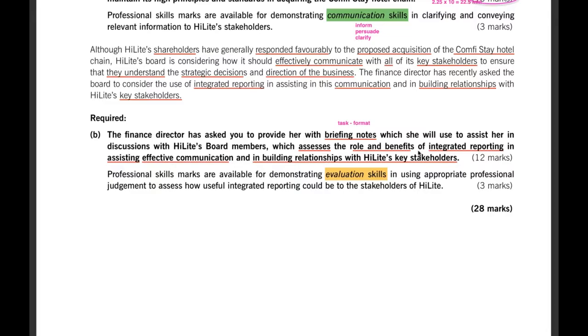So basically here, you're supposed to be assessing just the role and benefits of integrated reporting, from the aspect of effective communication and in building relationship. So that's what your focus should be when you actually do this particular briefing notes.